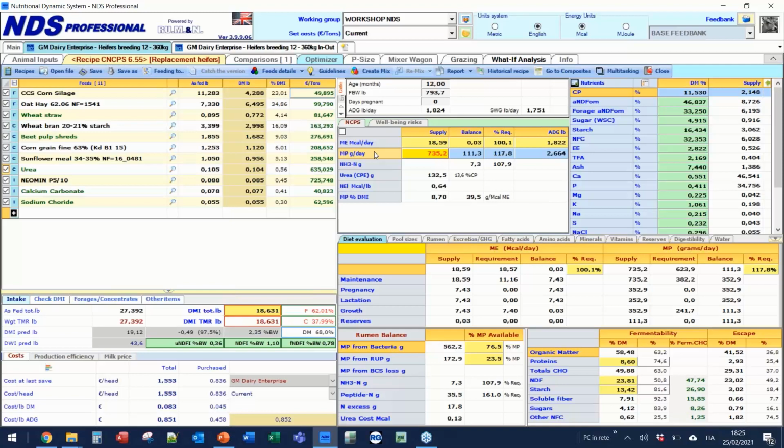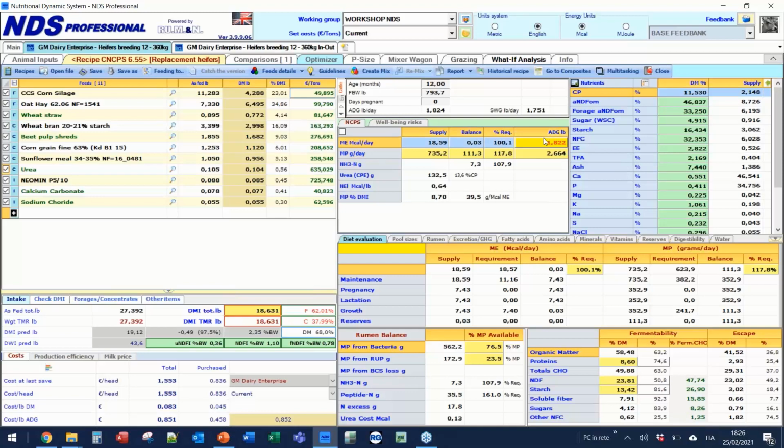Maybe there are also some aspects related to the requirement calculations, but based on these assumptions, our suggestion is to focus the attention on ME responses, and we have to accept that the responses based on metabolizable protein many times are around 400 grams more than the expected gain based on ME.